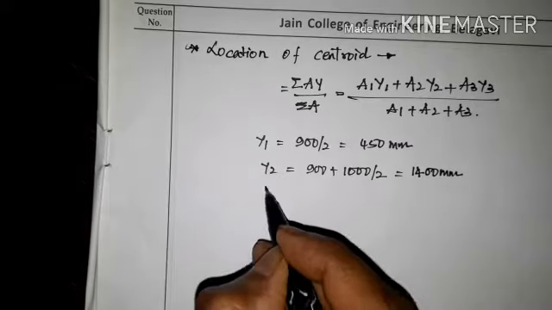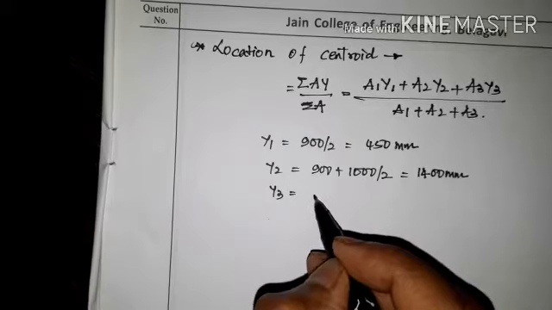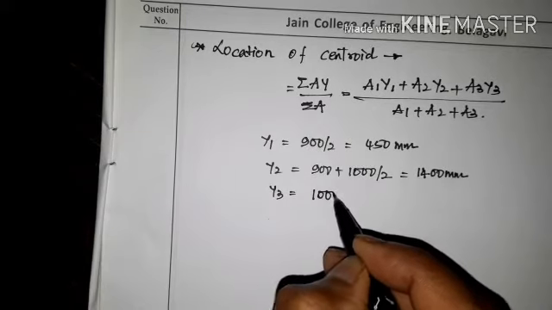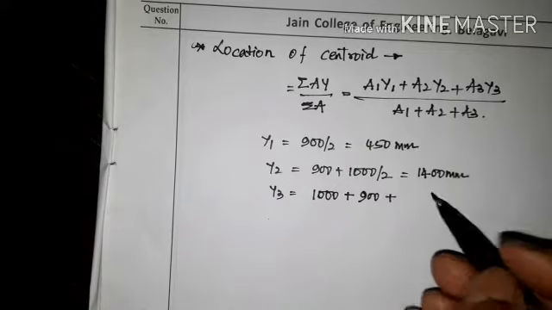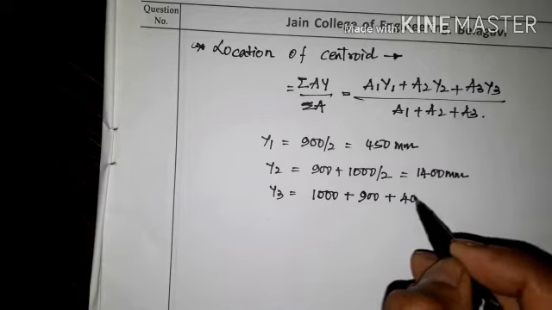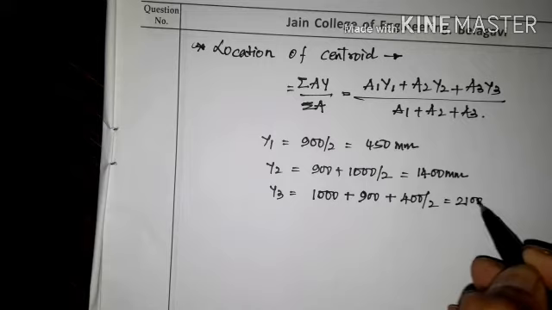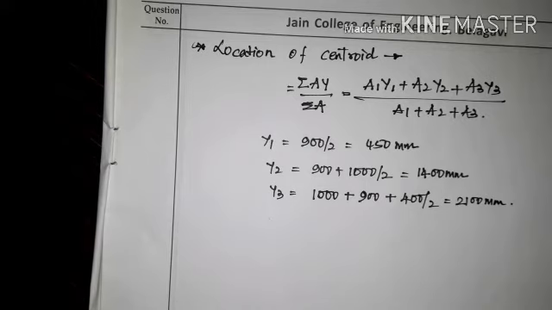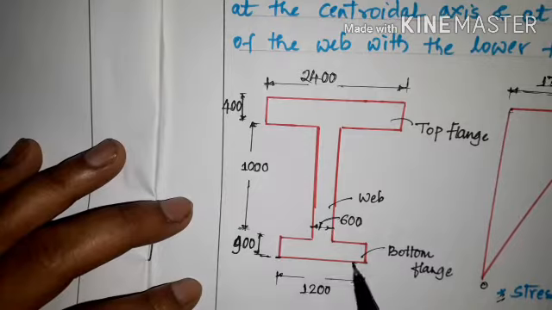And y3 is 1900, that is 1000 for the web and 900 for the bottom flange, and up to the center it is 400 divided by 2, so it will be 2100 mm. I'll just explain here: we are calculating with respect to the bottom axis.